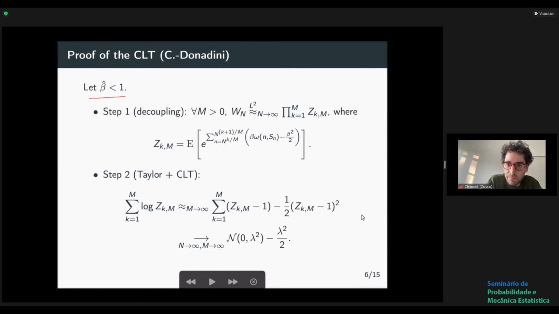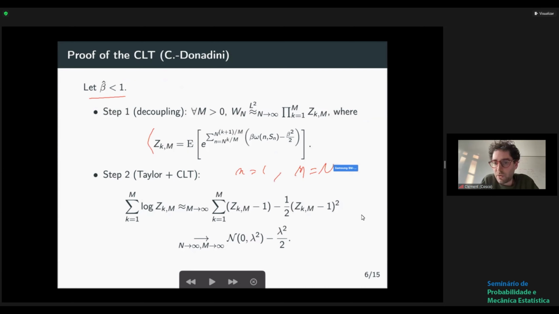In fact, if you look at dyadic scales, here is my dyadic scaling: I'm taking n to the power of k over m, where m is just a large constant. This object is like the partition function we had before, but the partition function we had before started at n equals 1 and ended at large n.